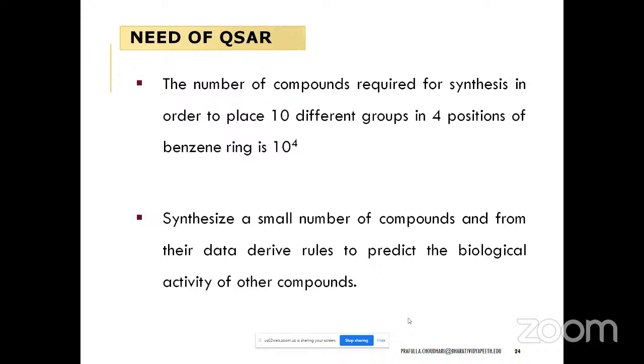But with the help of the QSR we can minimize all these processes. We can synthesize a small number of molecules, test those molecules with the biological assay methods, and develop a model to correlate the molecules with the physiochemical property.